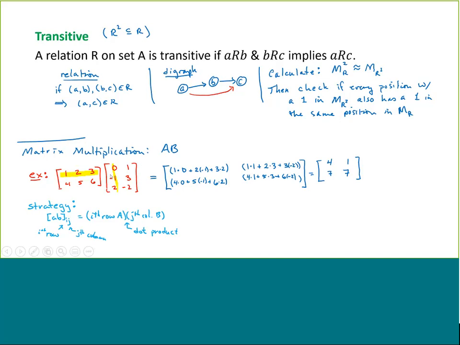Otherwise, when you try to multiply these together, you'll get one extra or more than one extra entry in either the row or the column, and that's when the product is undefined. Now for us, we're only going to look at the cases where we have square matrices where all the entries in the two matrices are 1s and 0s. So we don't have any of the extra things you have to worry about when you're dealing with random matrices that you're multiplying together.